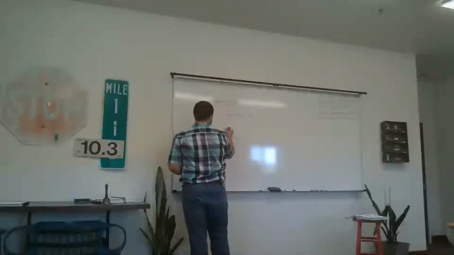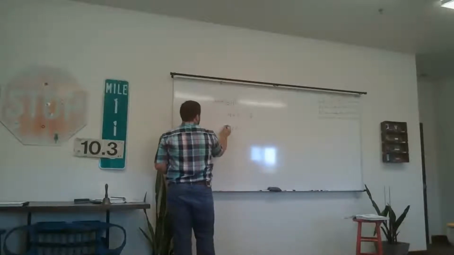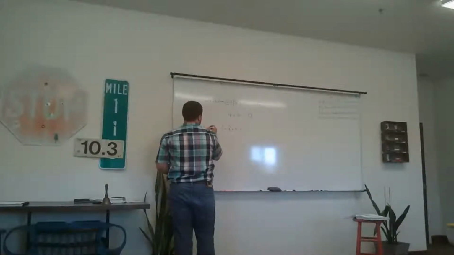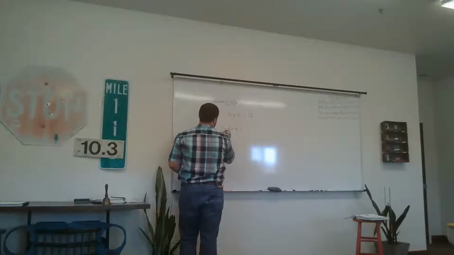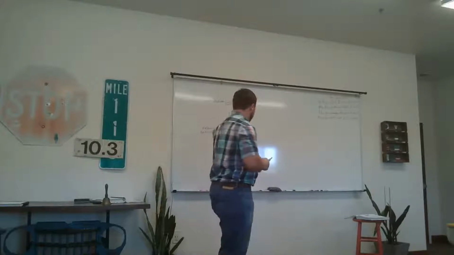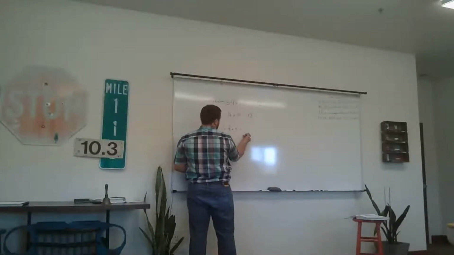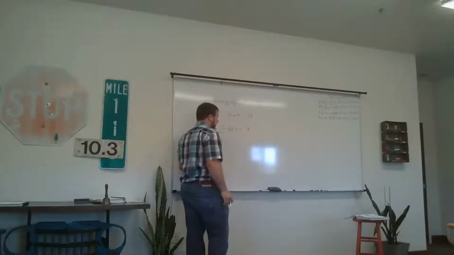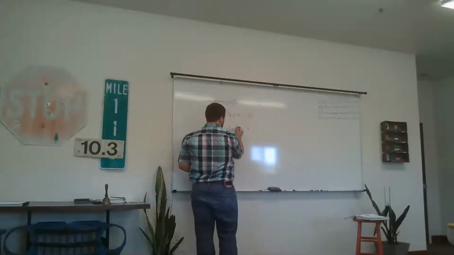If they're different, like negative 4 plus 8, what we do is we find the difference between the values, and then use the sign of the largest number. In this case, it would be 4, because the difference between 8 and 4 is 4, and the highest value number is obviously 8, which is a positive.